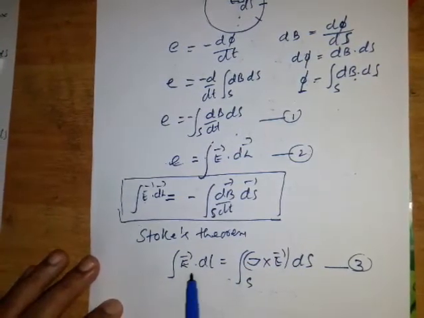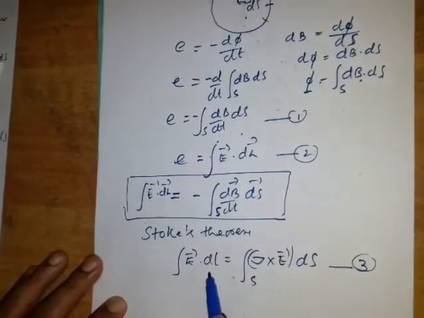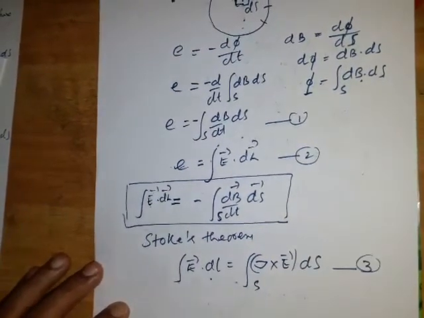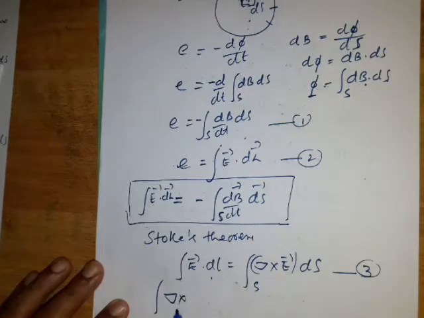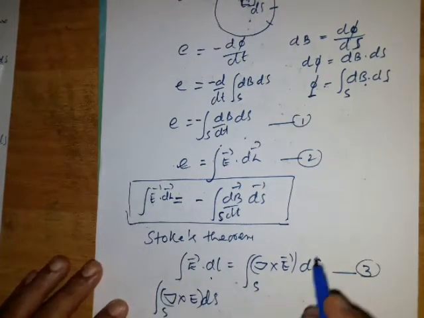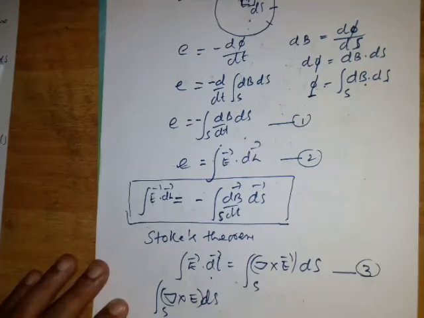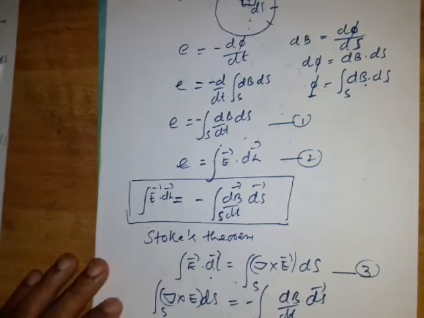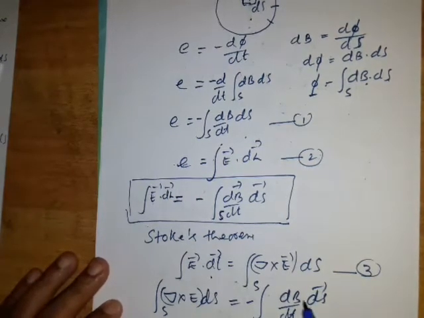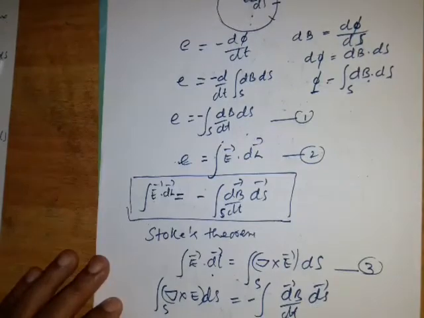So let us substitute here from this equation. I can replace this one by the surface integral of curl of E dot ds, which is equal to, same thing, the surface integral of minus dB by dt dot ds. So I can take this term to this side.